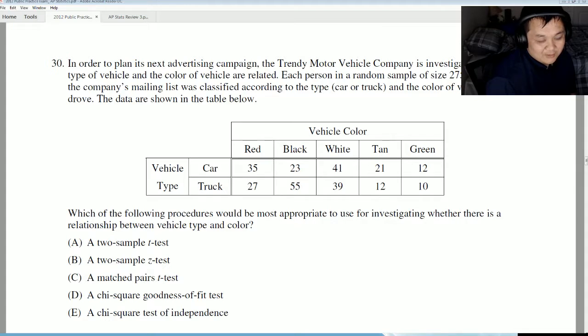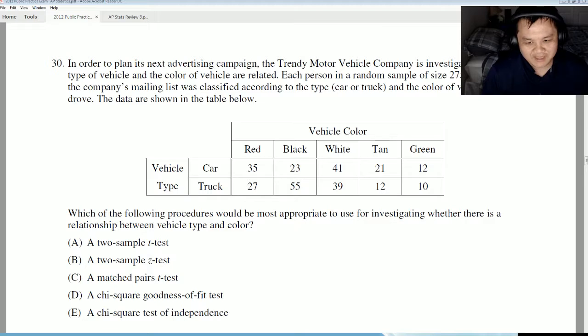Two-sample z-test, yeah, because the proportion h naught is 0.5. Do you understand? No, I don't understand what you're saying.